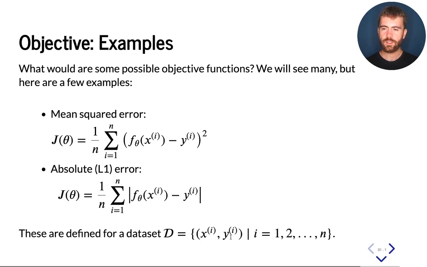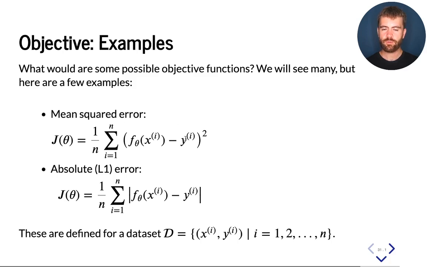So how would we define what it means for a model for some value of theta to have a good fit over this data set? And how would we say that a model has a bad fit? Well, one approach, which is often used in practice, is to use the mean squared error. The mean squared error is simply, as the name implies, the average squared error between what the model predicts and the true label.